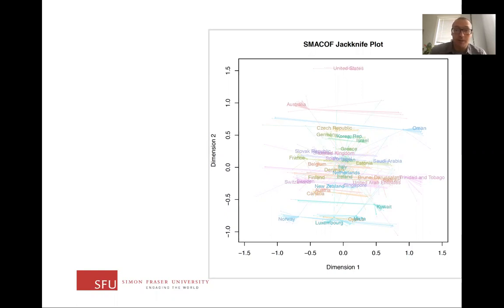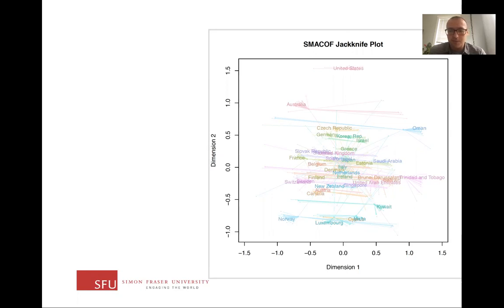So we're dropping a country from the data, and then running MDS, computing the 2 reduced dimensions, and then saving the results.